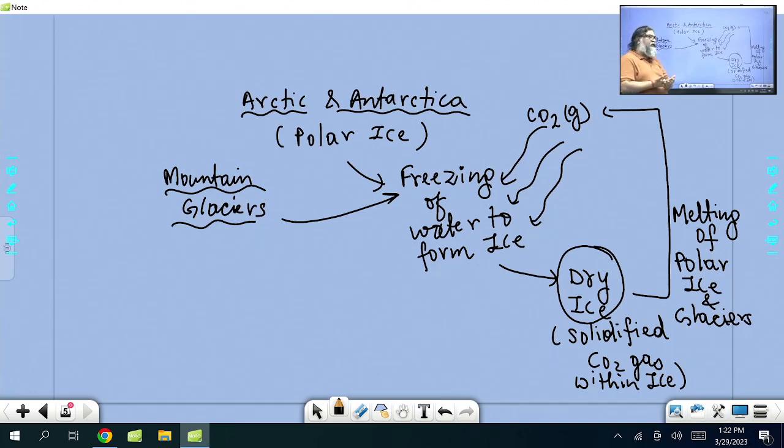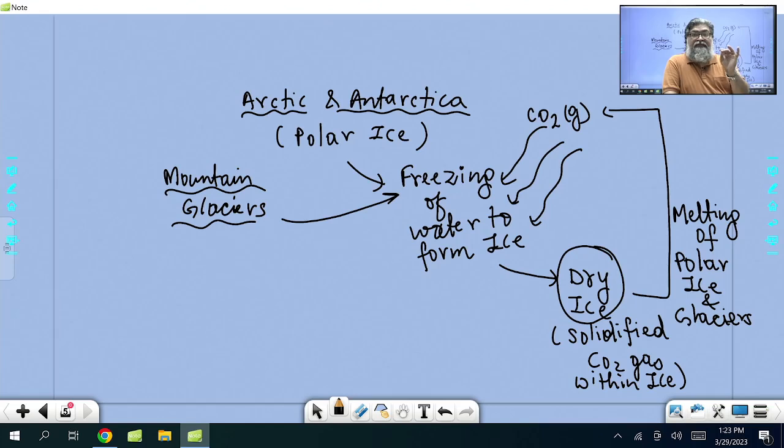Simple thing. CO2 gas gets frozen. Simple chemistry. When you take water below 0 degrees Celsius, the water becomes ice. In the same way, a gas can also become liquid or solid, whether it is ammonia or any other; ammonia can be in gas form, and it can be in liquid form also.